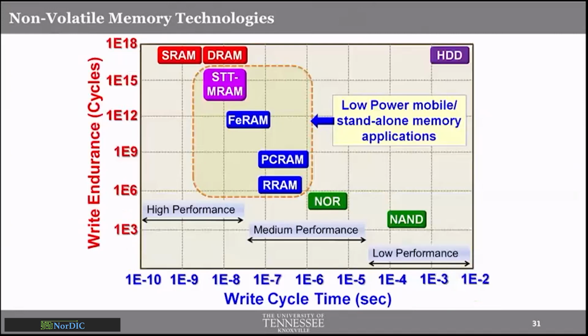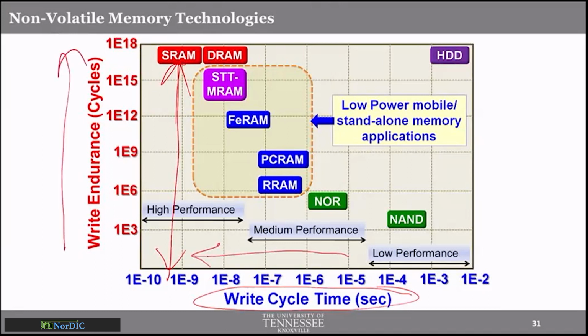Okay, now here is some perspective as to why we still like SRAM so much. If you compare the write time or program time, you see how fast the SRAMs are. There is nothing that even compares with the speed of SRAM, by the way. SRAM is the fastest. This is the time axis, so the lower the better. And by the way, endurance means how many times you can read and write from them.